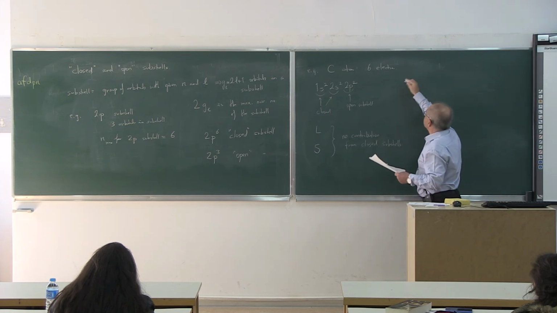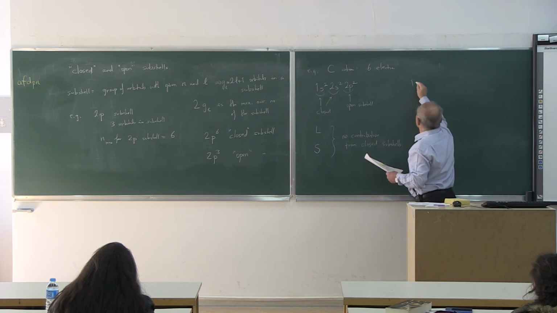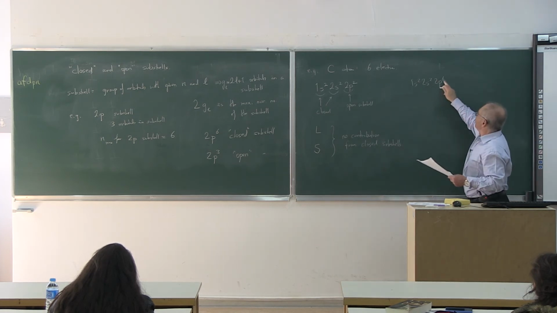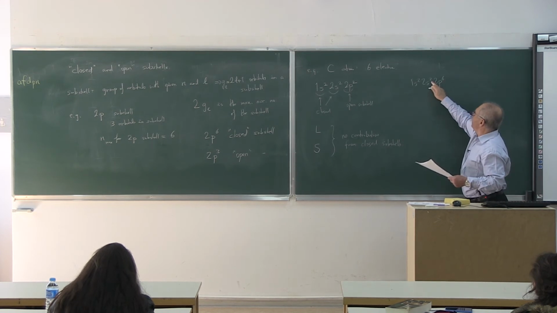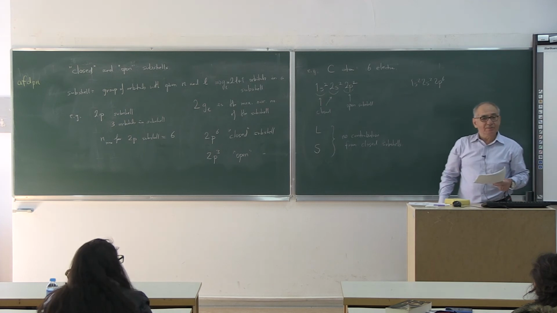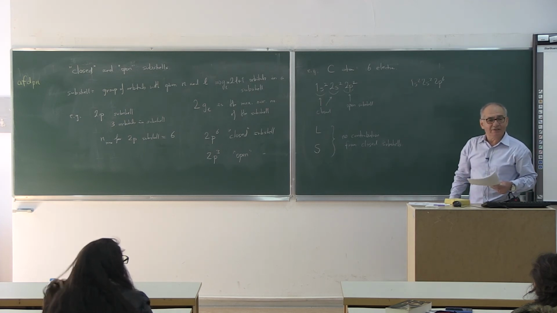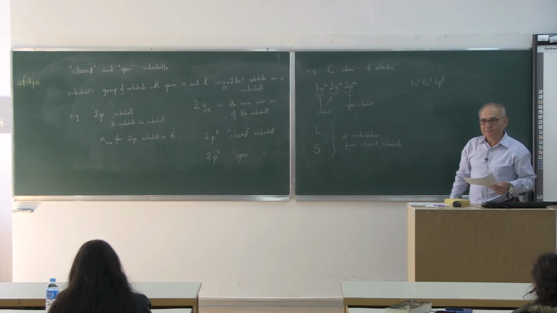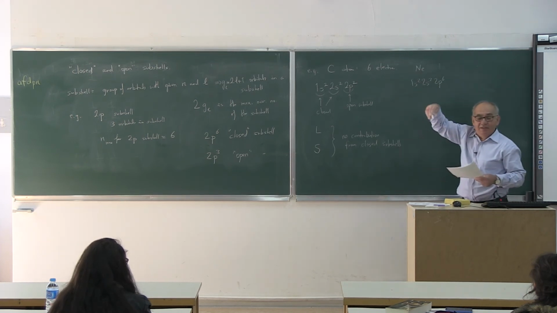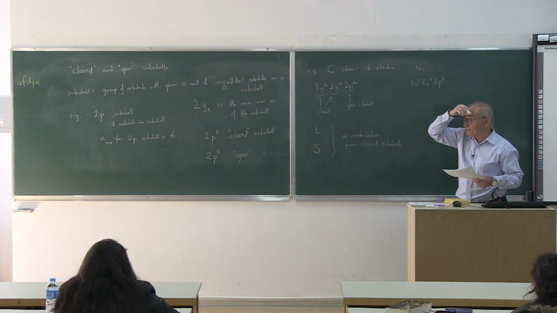For example, how many electrons are there? 6, 8, 10. Which atom is this? Which neutral atom has 10 electrons? Neon. It's a noble gas, isn't it?